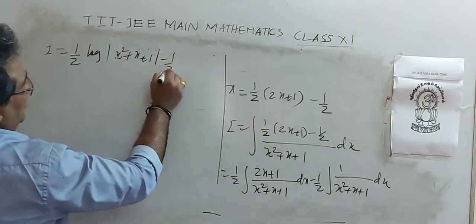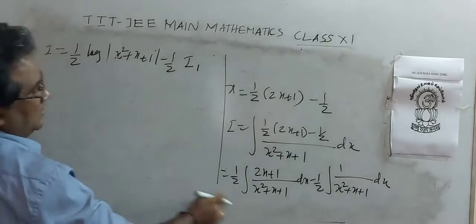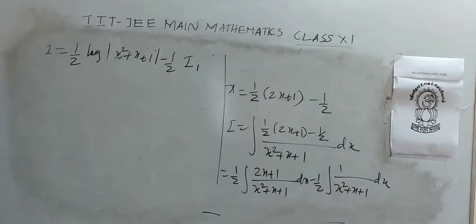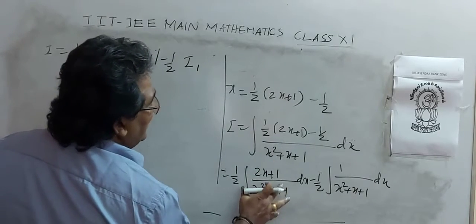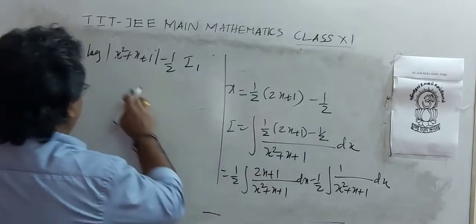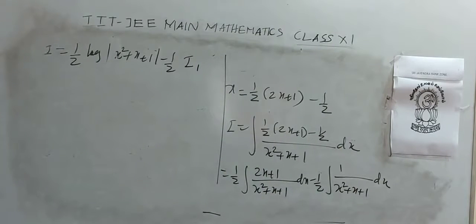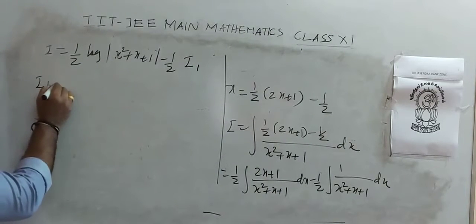Minus 1 by 2 into, you name it as I1. The differentiation of the denominator exists in the numerator, therefore the integral of this portion is log of (x² + x + 1). Now you take I1.